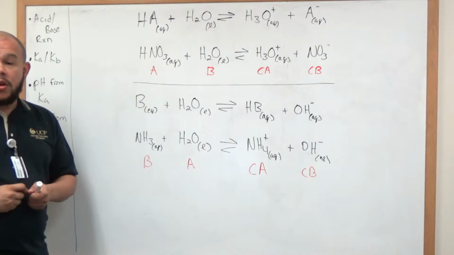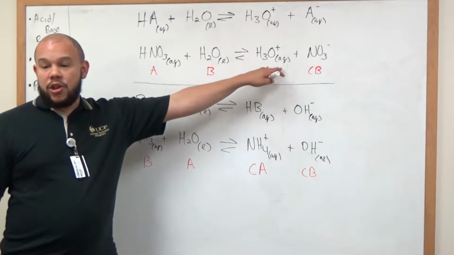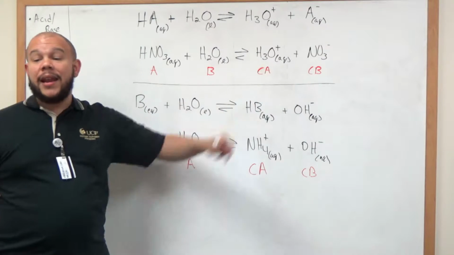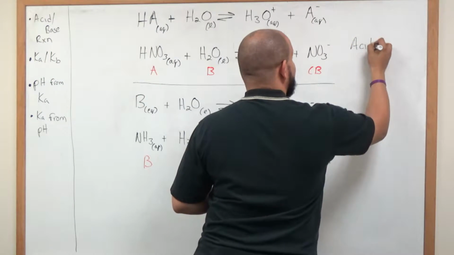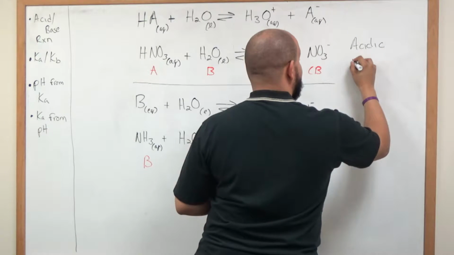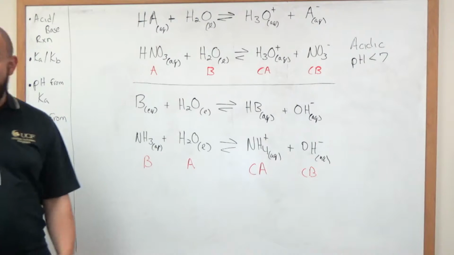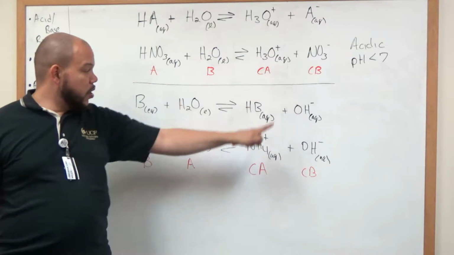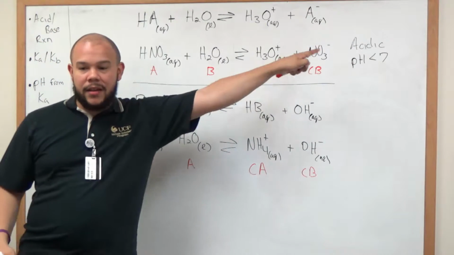Okay, so generically speaking, the formation of hydronium ion leads us to an acidic solution, and that means that we have a pH that is less than 7. Anytime hydronium is created, we get an acidic pH.